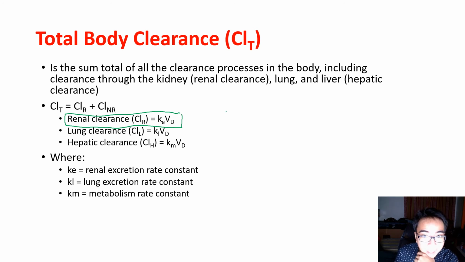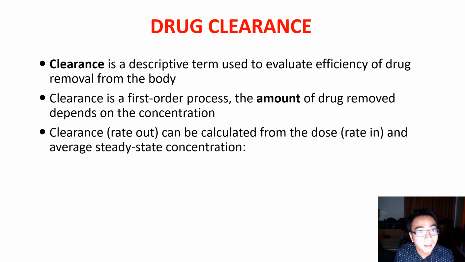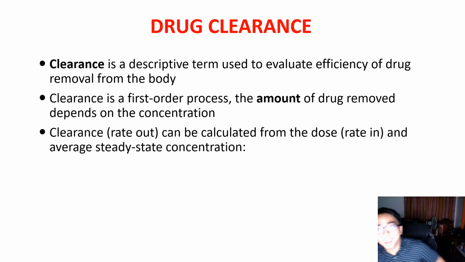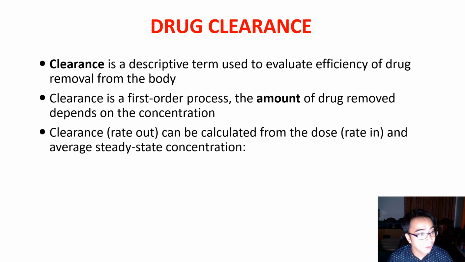And the computation, class, for renal clearance is simply VD times K, or the volume of distribution multiplied to your rate of elimination. Let's not talk about the other clearances. Kaya hindi ko kayo pakukumputin yan. We'll just simply talk about renal clearance. So, drug clearance, class. Clearance is a descriptive term used to evaluate the efficiency of drug removal from the body.